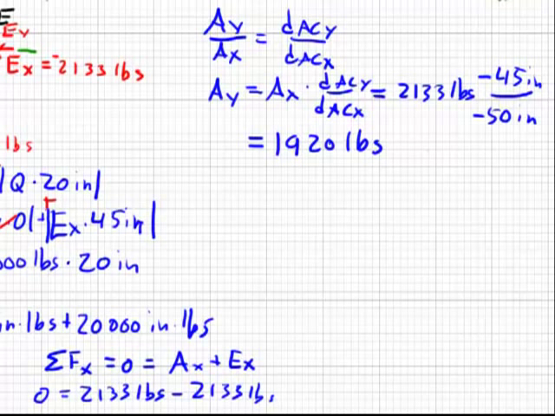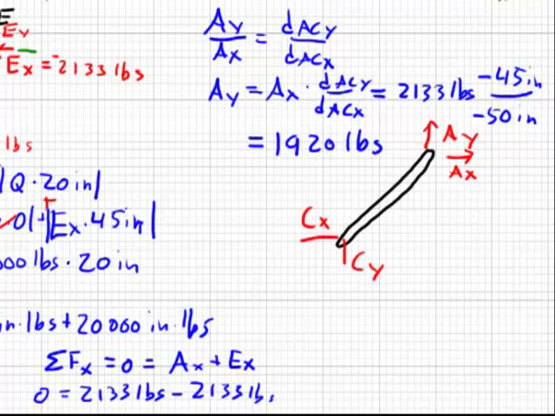Look at member AC. We have AY here, AX here, then we have CX here, CY here.